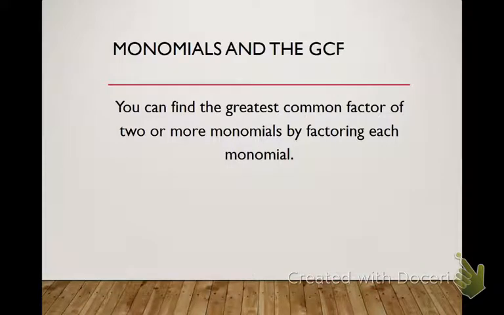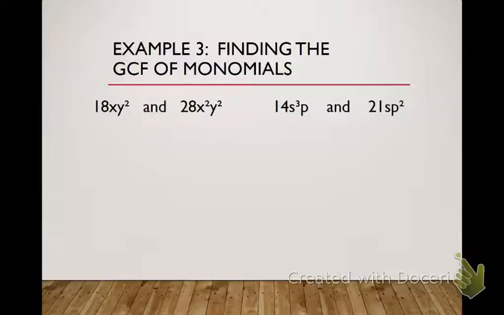Good. So let's talk about monomials and the GCF. A monomial, we learned, is a number being multiplied by a variable, can be raised to exponents, that's no problem. So we're going to look at finding the GCF of these monomials. We talked in 4.1 about the fact that we have to do the prime factorization of the numbers first before we can break down all of the factors.